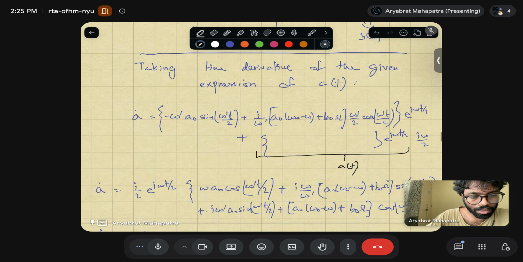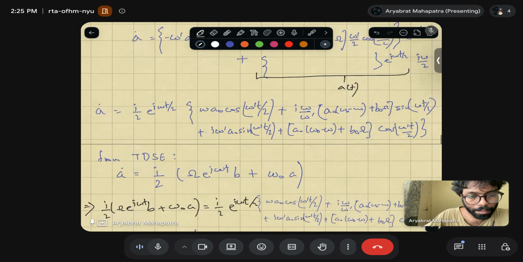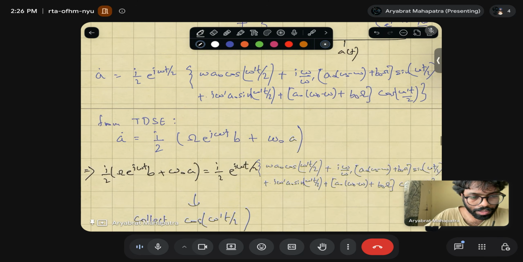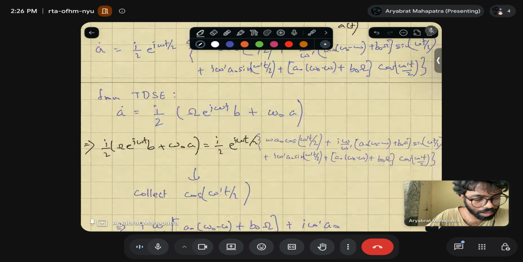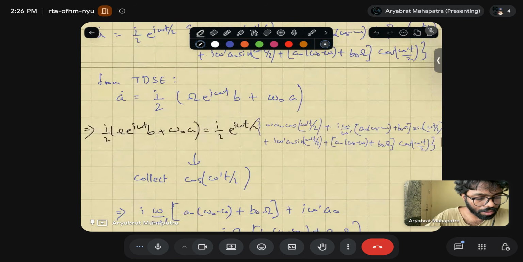Unlike the other time independent systems, where we have a potential from the starting, and we put it inside the time independent Schrodinger equation, and then we used to get the solutions and their eigenstates.